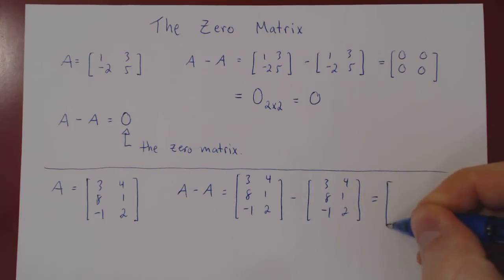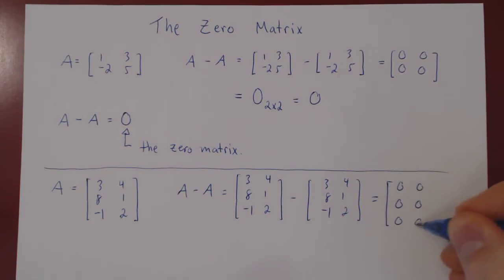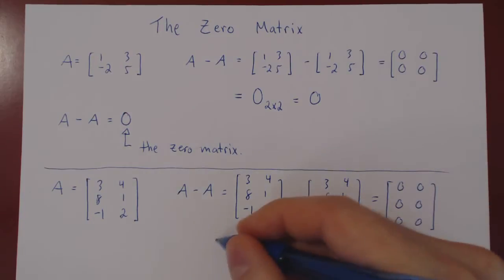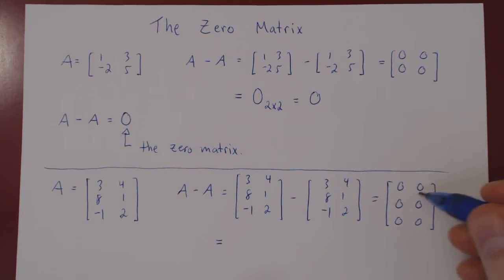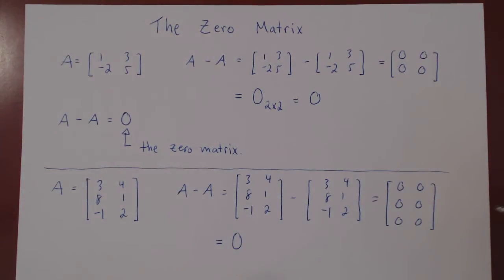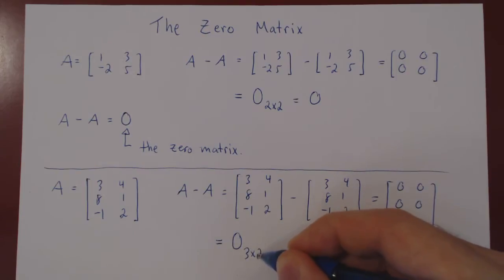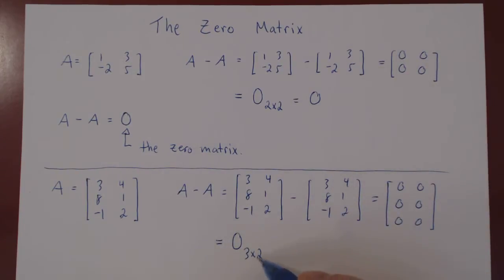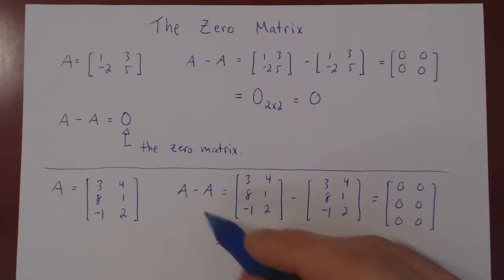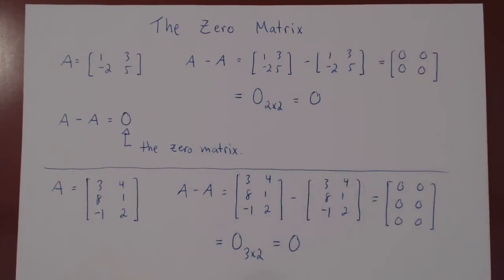We get once again a matrix where every single entry is equal to 0. So we could write this again in two ways. We could write this as an uppercase 0, and we could specify explicitly the size, 3 by 2, 3 rows by 2 columns. But again, this is not necessary, as whatever the size of A is, this will be the same size for our 0 matrix. So we simply write uppercase 0. And that's the 0 matrix.